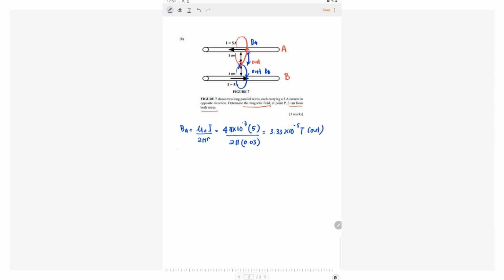Out. Okay, untuk B pula, kita masih gunakan formula yang sama. Mu naught constant. I dia sama 5. R dia R daripada conductor B kepada point P, iaitu 0.03. Sebab semua nilainya sama, kita dapatlah jawapan yang sama, 3.33 darab 10 kuasa negatif 5 Tesla. Okay, ini pun out of page.